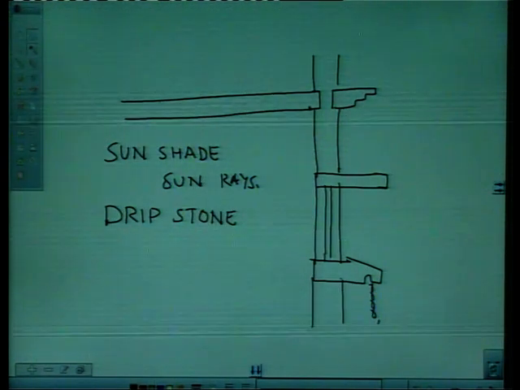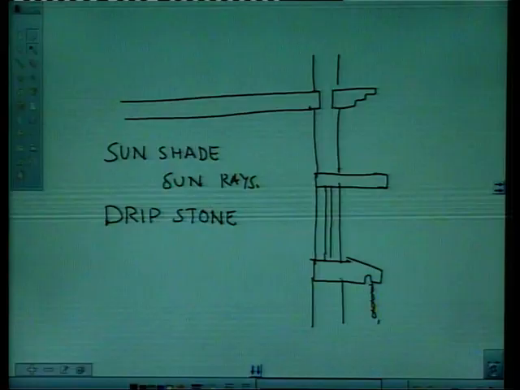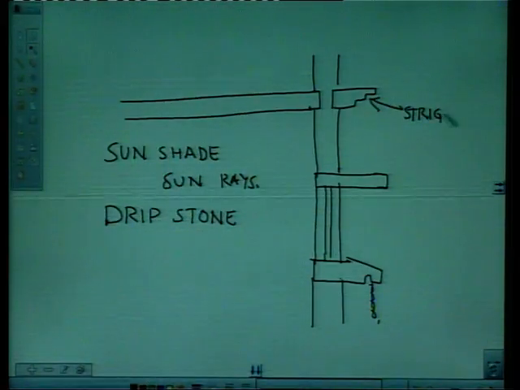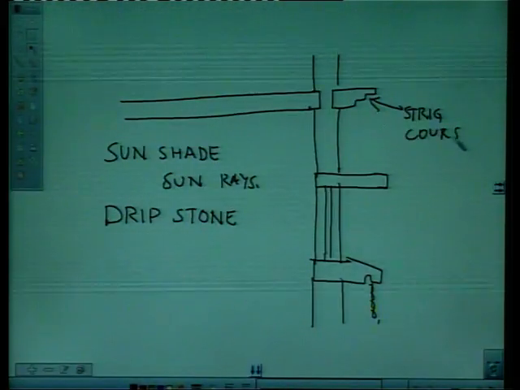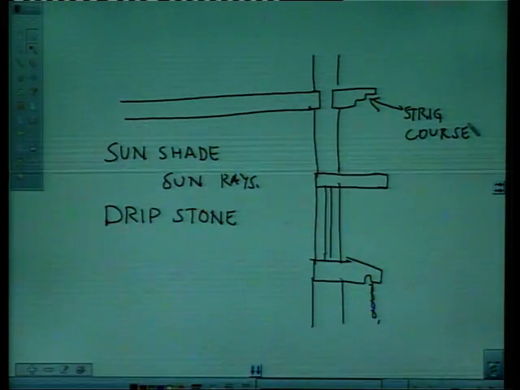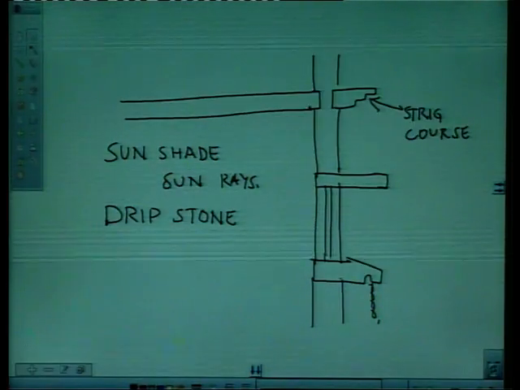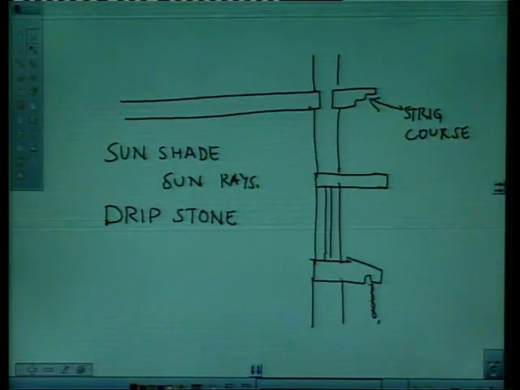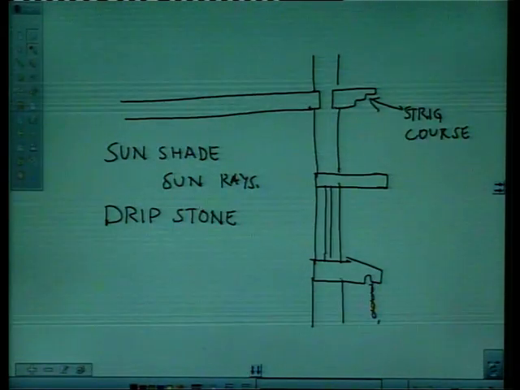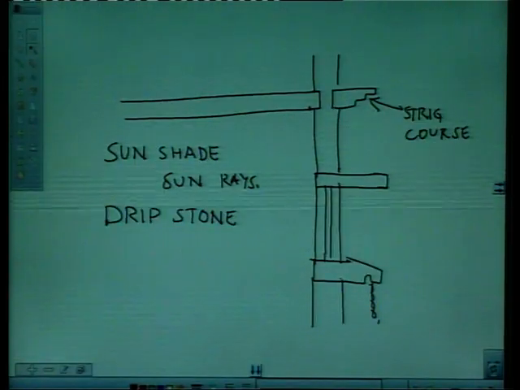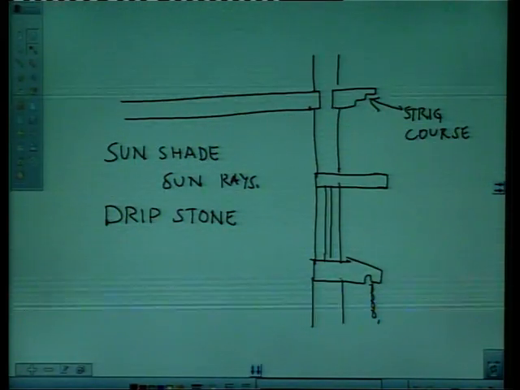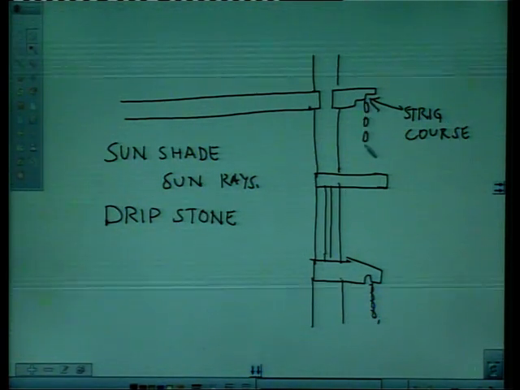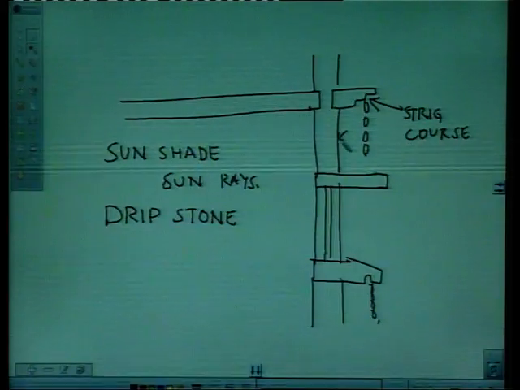Then I have the string course. A horizontal course of masonry provided at roof or floor level projecting outside the wall of a building is called string course, and it also trickles down water and keeps the water away, and it does not wet the main wall.